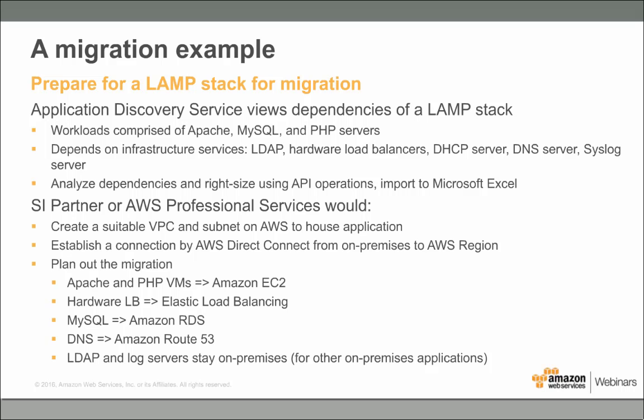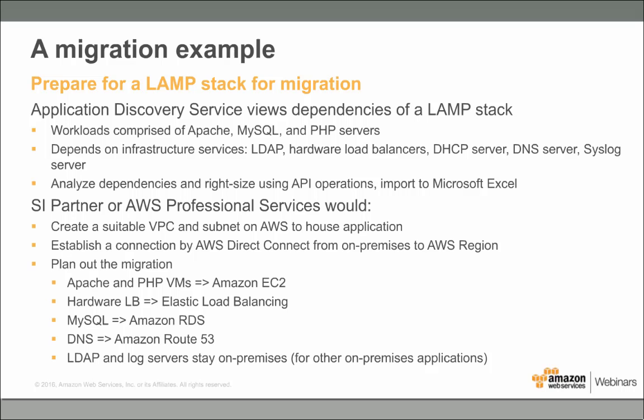In a typical migration of that type, what happens is either you, if you are a DIY fan, or if you have contracted one of those SI partners or AWS Professional Services, what we would do is once we discover this stack, once we identify a target state, we'll go ahead and build out a VPC, a subnet, a target state environment or architecture in AWS.